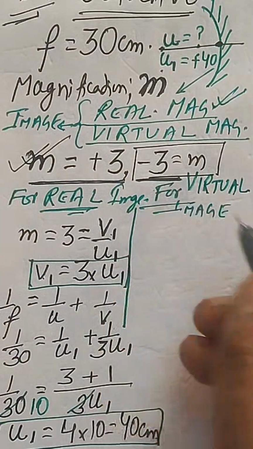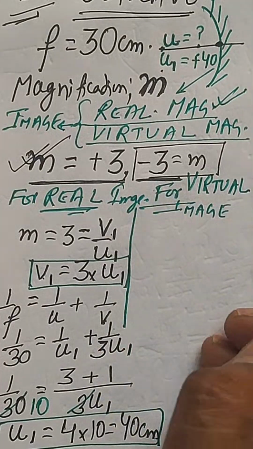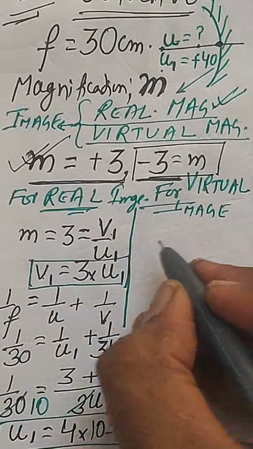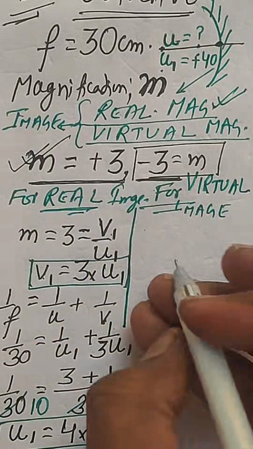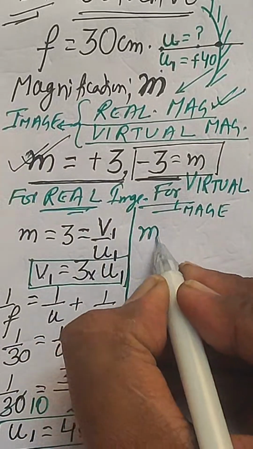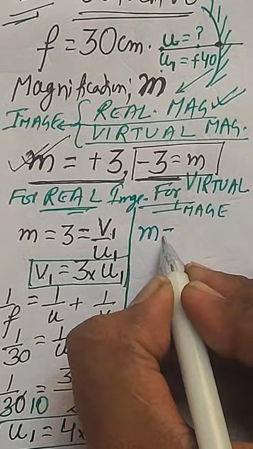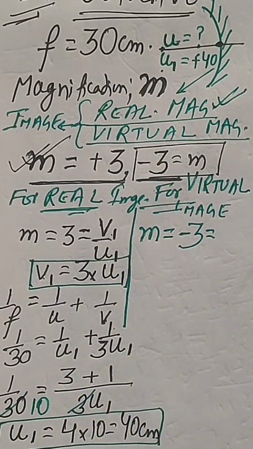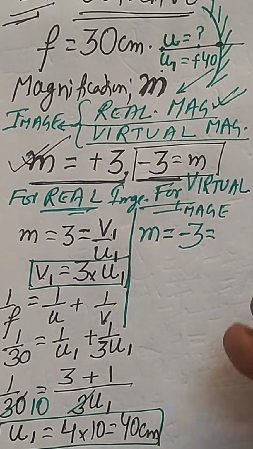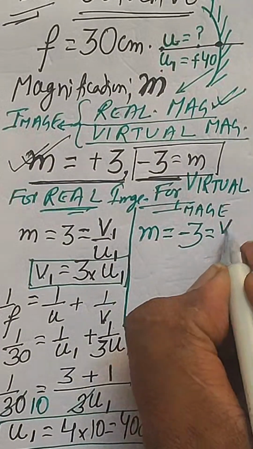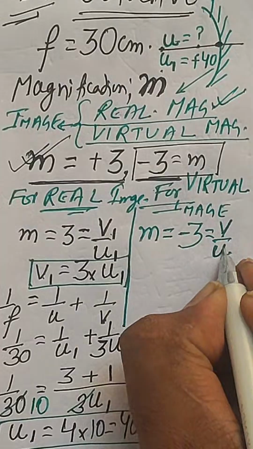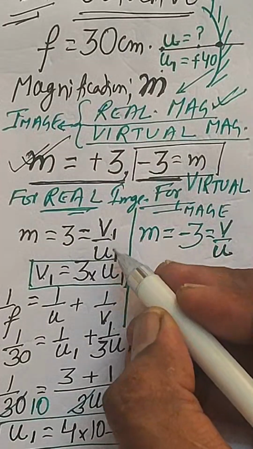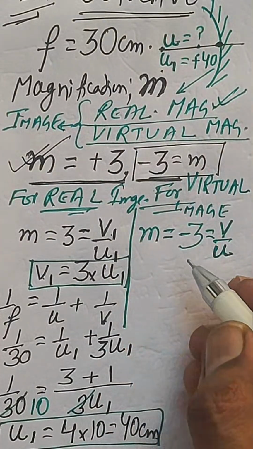So when m equal to minus 3, we can write the same as we have written for the real image. Here, let me write it with the green pen. The magnification will be minus 3, and this minus 3 is nothing but the ratio of image distance by object distance. But in the second case, as we have considered v1 and u1 for the first, let us say it's v2 and u2 here.